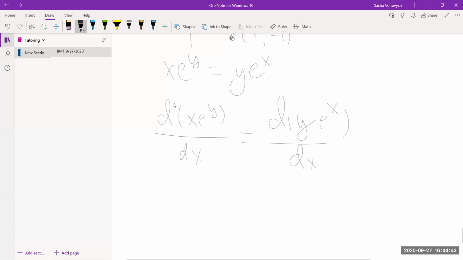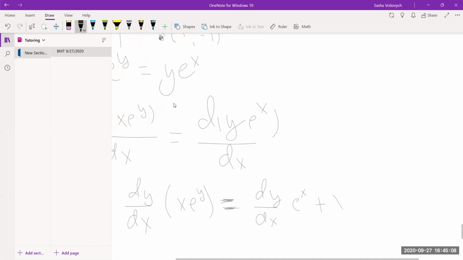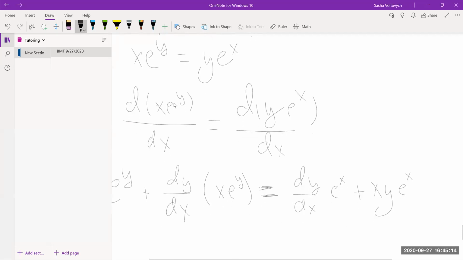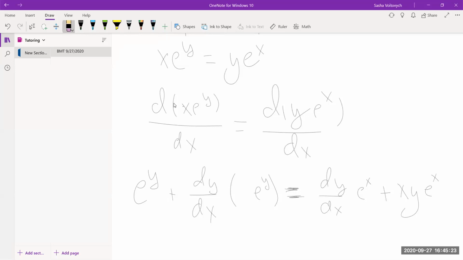On the left hand side, we get e to the power of y plus dy over dx times x e to the power of y, equals dy over dx e to the power of x plus y e to the power of x. Yeah, okay.